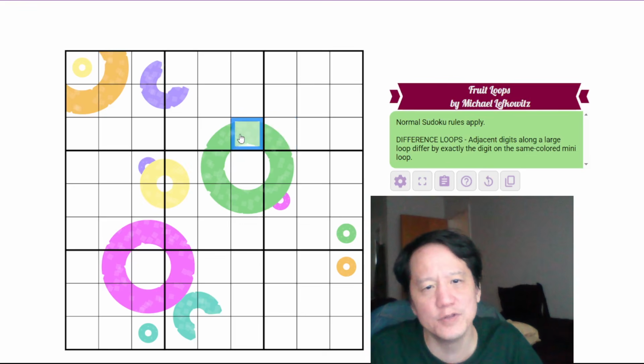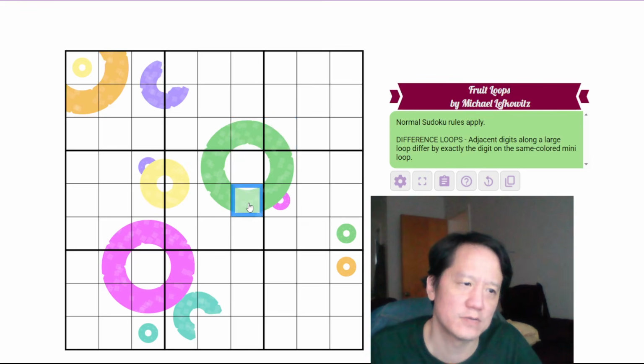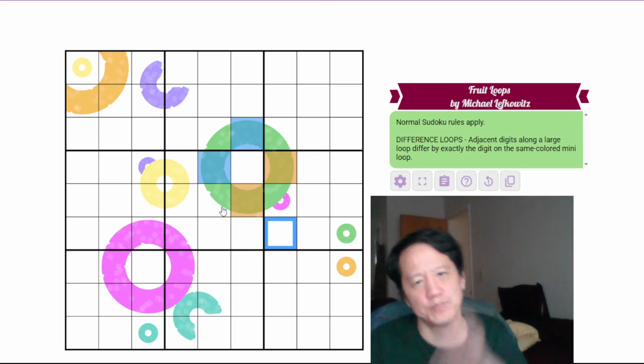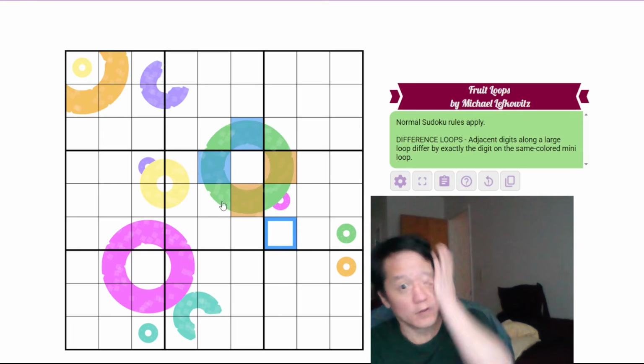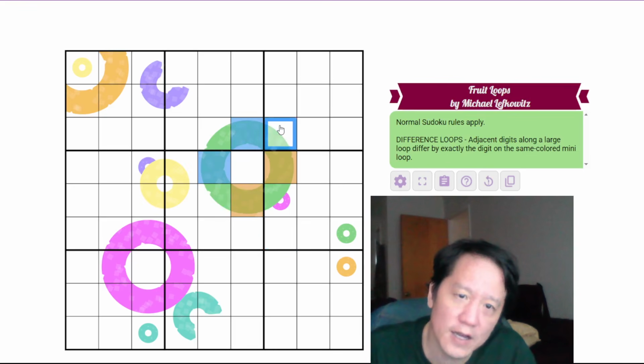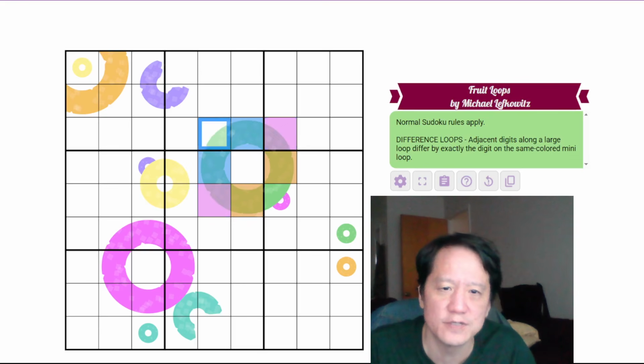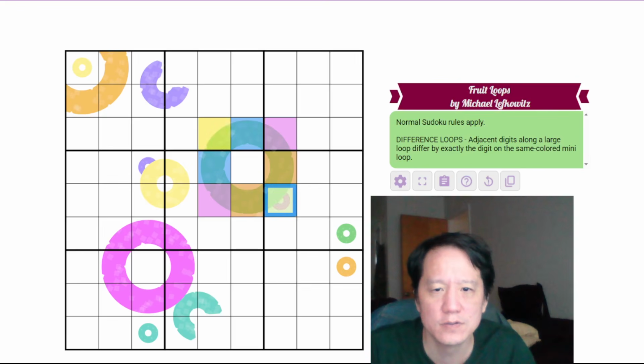Well, we know this cannot be the same as that. So these are the same, and then these are the same. That means I think these have to be the same, and these have to be different. Right?